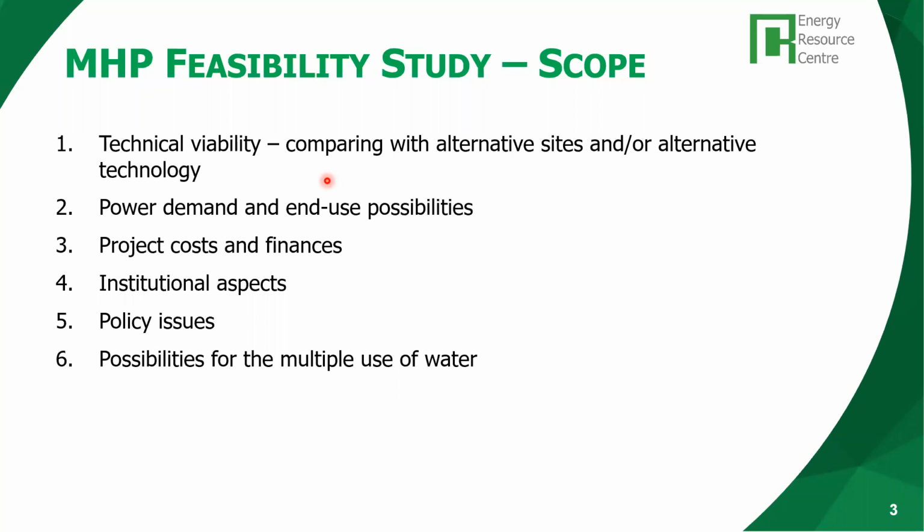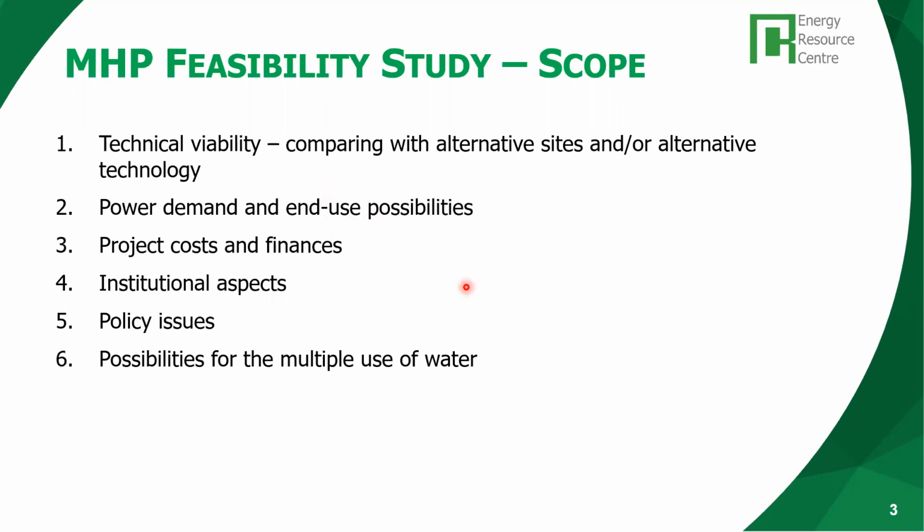Because of the resources available, there are other factors that can influence technology selection. It could be a national policy that prioritizes a particular technology for certain reasons that are part of the policy.